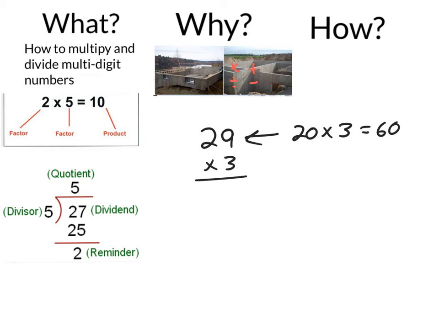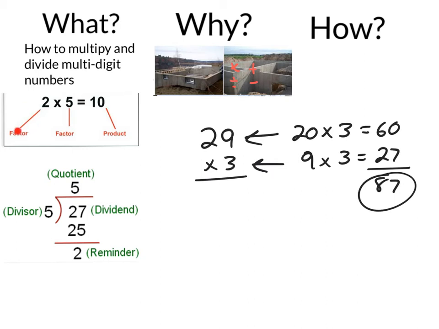And then we're left with 9 times 3. 9 times 3 is 27, and we still get the same product of 87. So in math, in summary, you need to know the math terminology, and you also have to understand that there's typically more than one way to get the right answer.